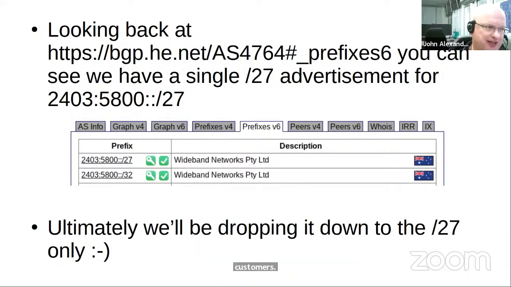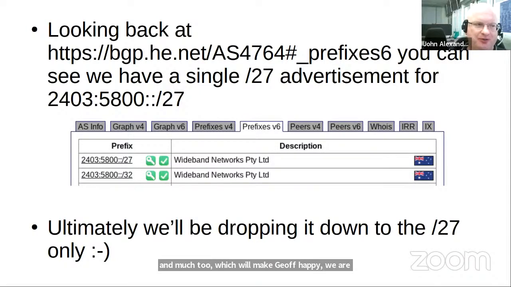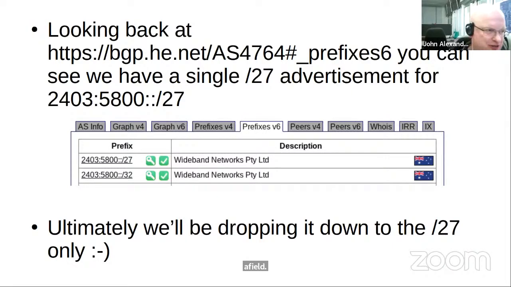The issue is that if I drop it, there are some networks in the world, not us and not our upstream providers, but further afield, that decide not to drop those routes, so they'll keep advertising the /32 for whatever reason. So they'll become the preferred route instead of our /27 and basically black hole us. So we've got some issues with our upstream providers there. So that's why I've still got the /32. I do have a couple of /48s there for server things as well.